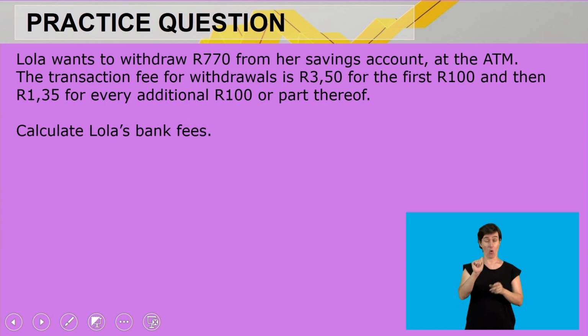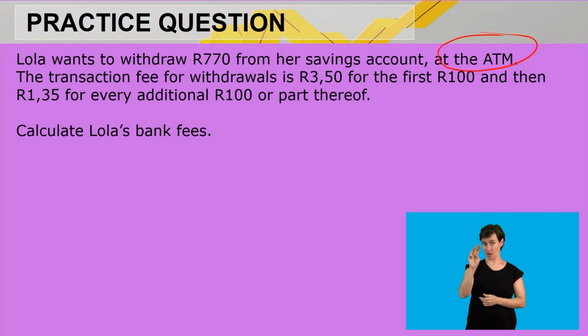Lola wants to withdraw 770 Rand from her savings account at the ATM. The transaction fee for withdrawals is R3.50 for the first 100 and then R1.35 for every additional 100 Rand or part thereof. Calculate Lola's bank fees.